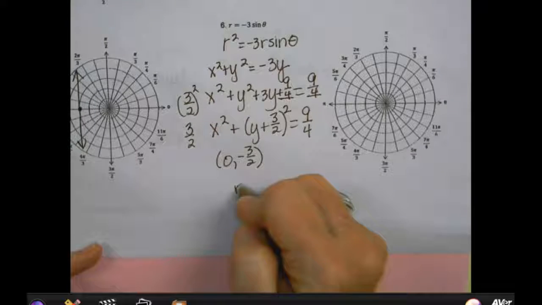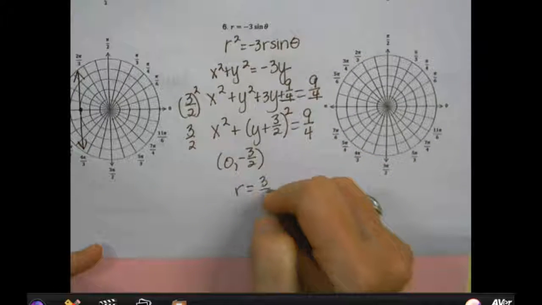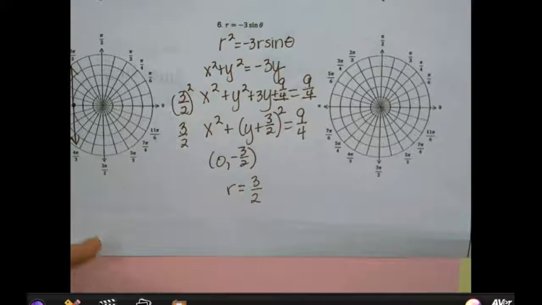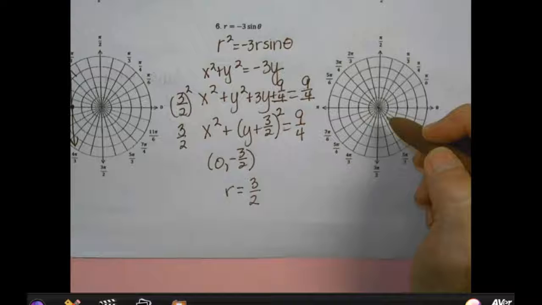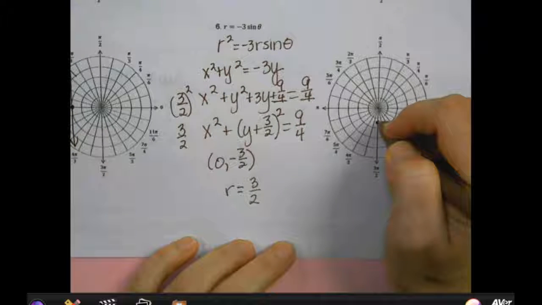So the radius now is the square root of 9 over 4, which is 3 over 2. Okay, so let's not be afraid. Let's just go ahead and plot the 0 and negative 3/2. So that's going to be on the y-axis, or the 3 pi over 2 axis, actually. And it's going to be right here. It's like a minus 1.5.